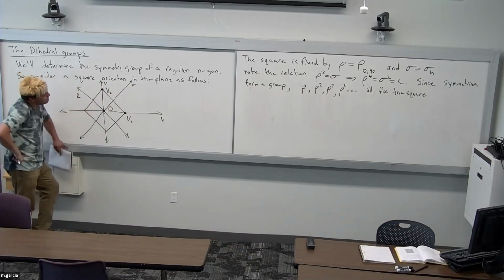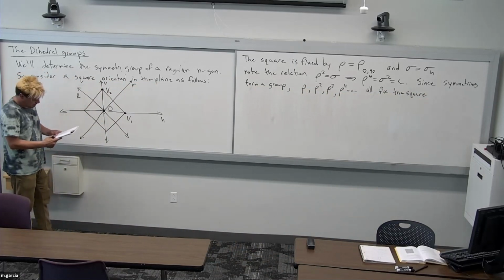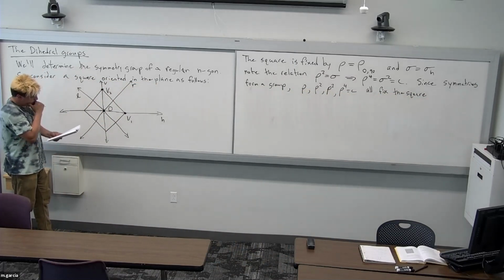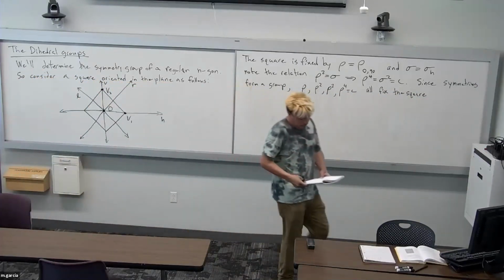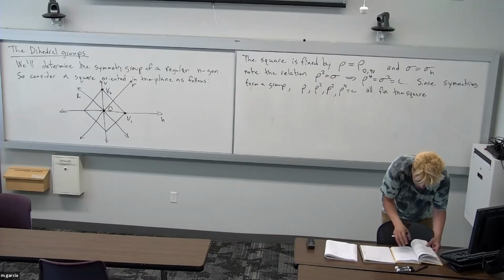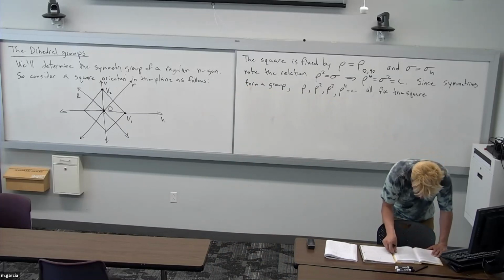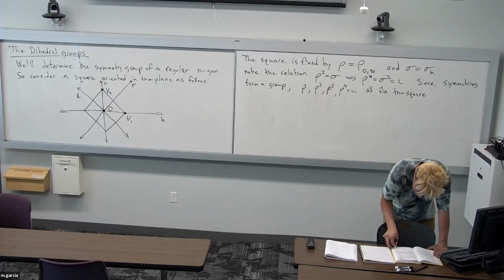Yeah. Okay, where did I make a mistake here? It needs a half turn. Or sigma could be the product of sigma H and sigma V. What have I done here? What did I do wrong?